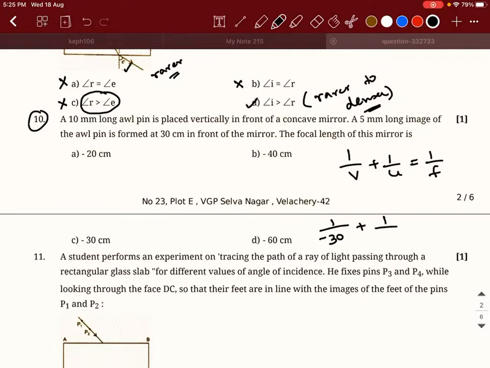How did you get minus 60? Because they didn't say anything about the initial position, right? What logic did you use to get that 60? Sixty is right, but how did you get it?